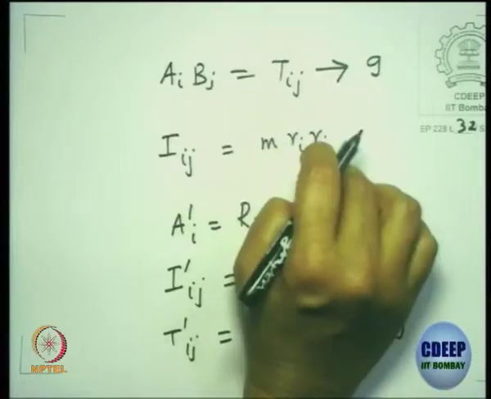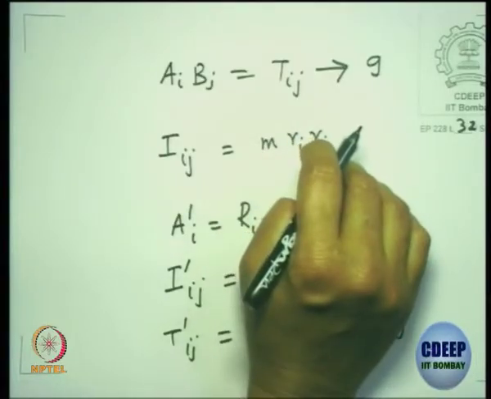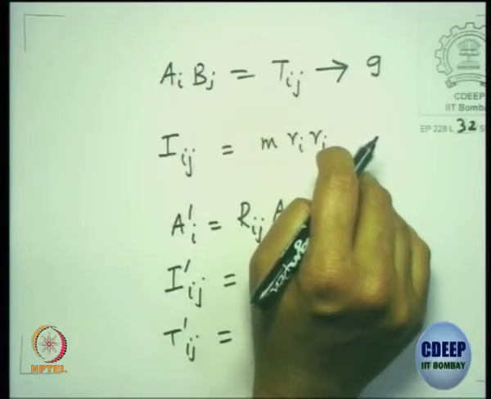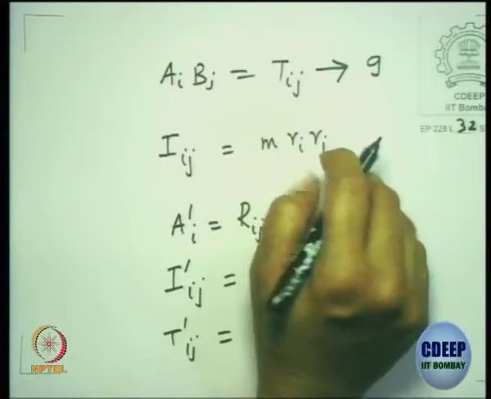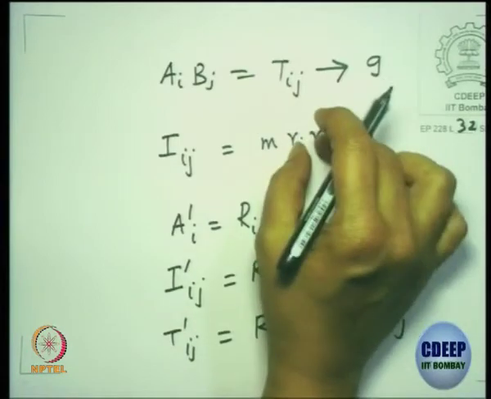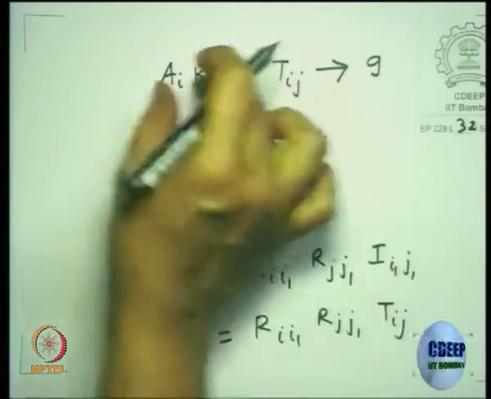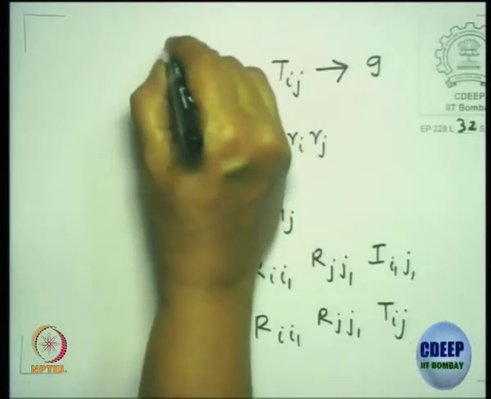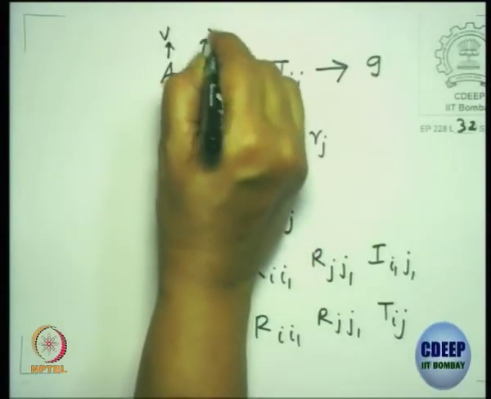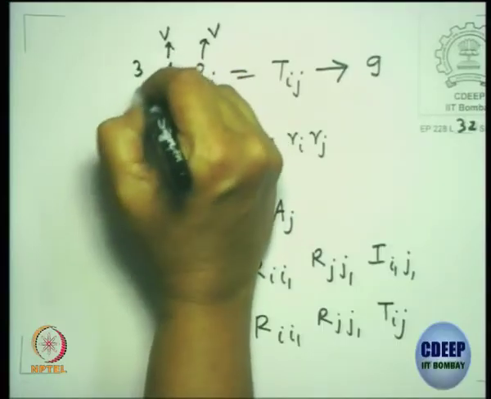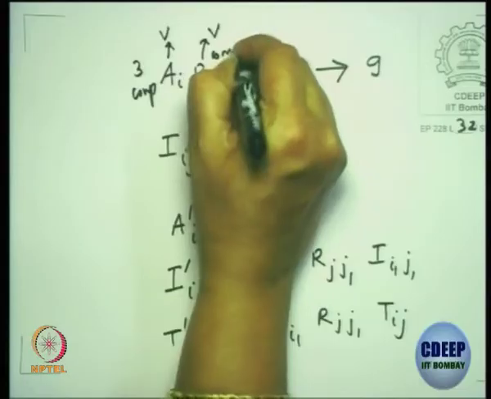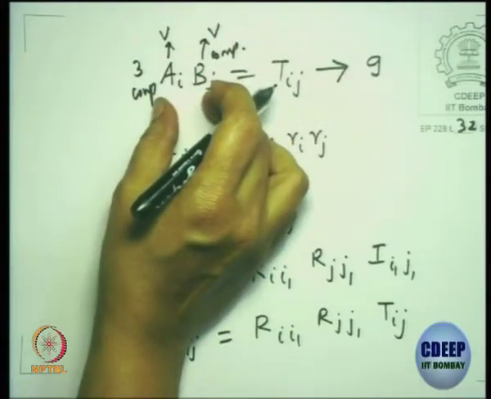Combining 2 vectors is like taking a tensor product. Okay. So I have combined 2 vectors. This also combined 2 vectors. This is a vector. This is a vector. This vector has 3 components. This has 3 components. Combining is a tensor product.